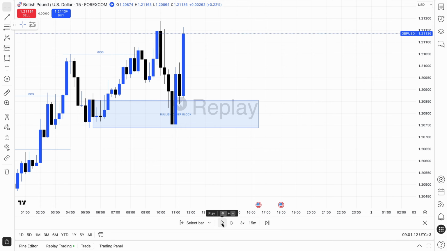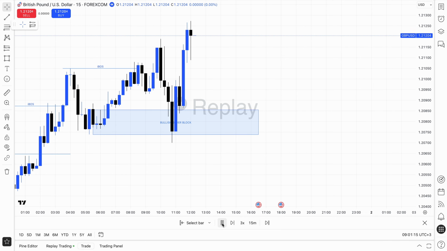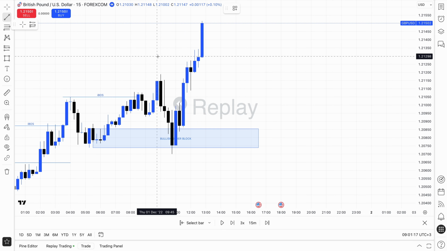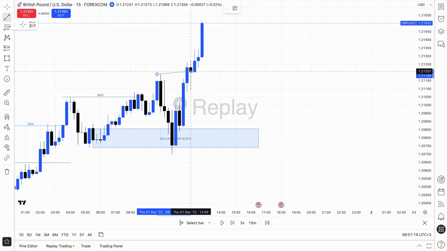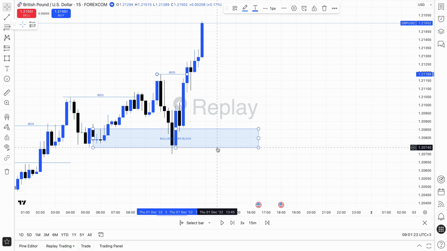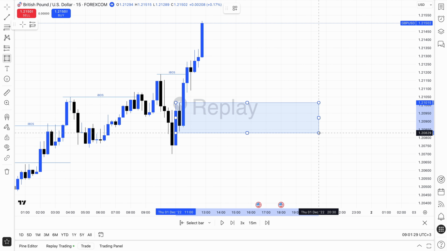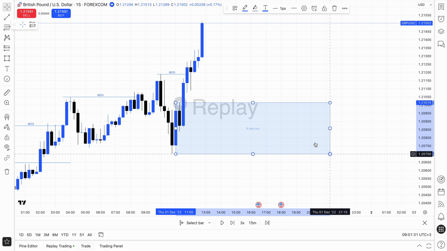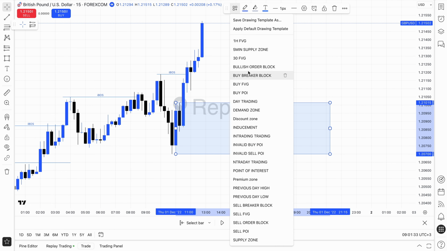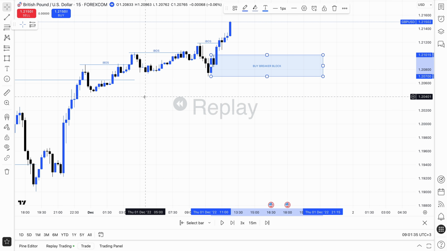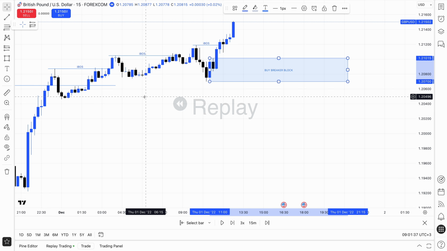So we just had to be patient with our continuation breakout structure to the upside. And then you had our order block. And one of the most important things is to be patient.